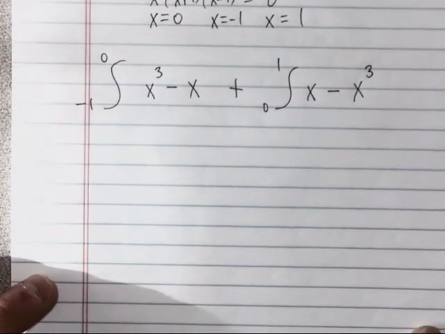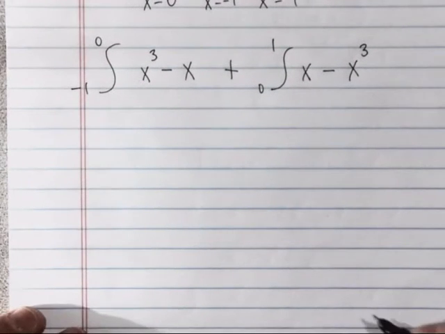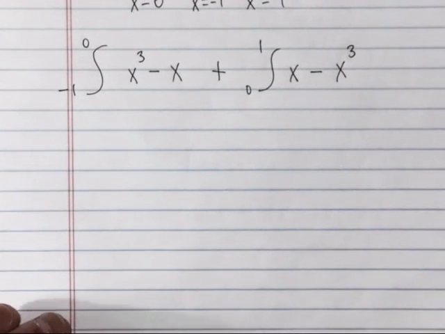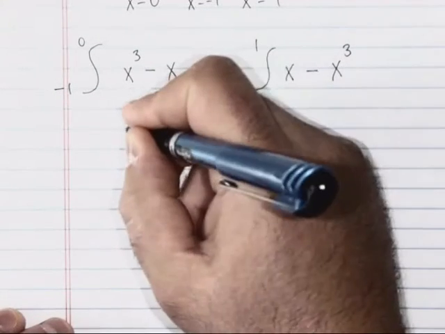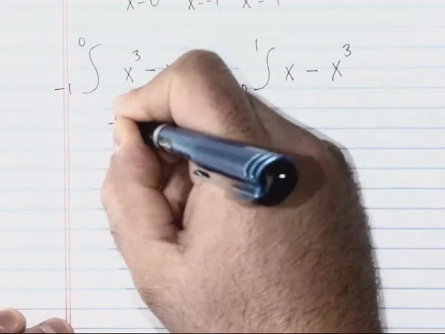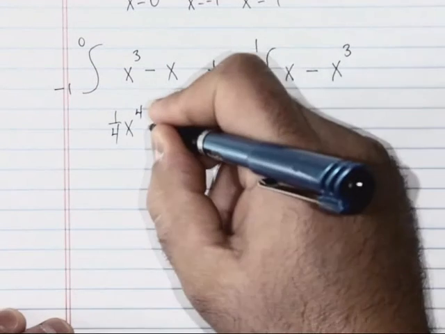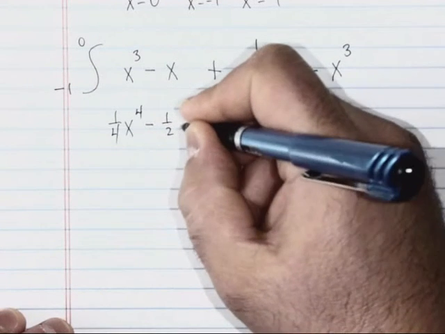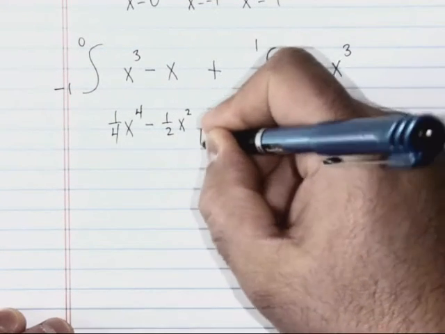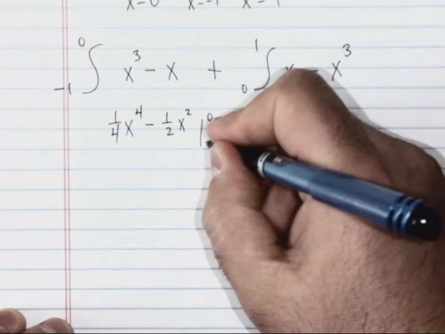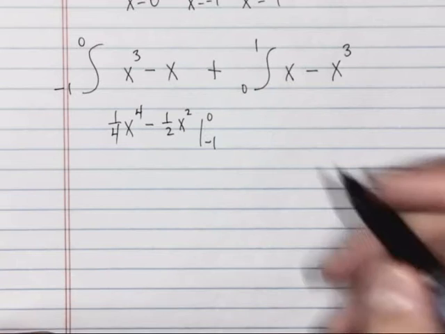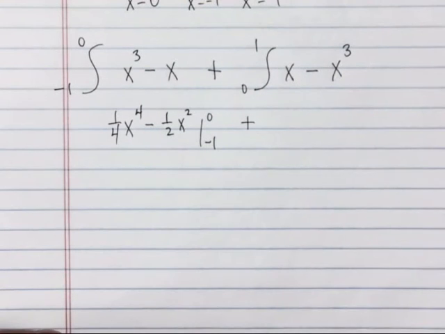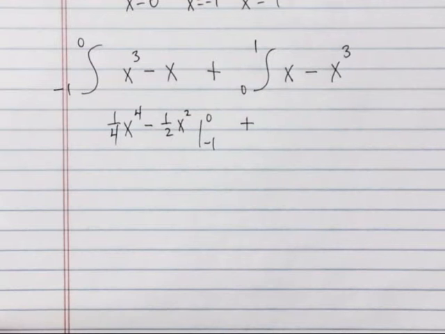So let's integrate each one of these, and we can use our power rule for integration since this is a polynomial. So we get 1/4 x to the 4th minus 1/2 x squared, and then that's going to be found from -1 to 0, plus this region integrated.